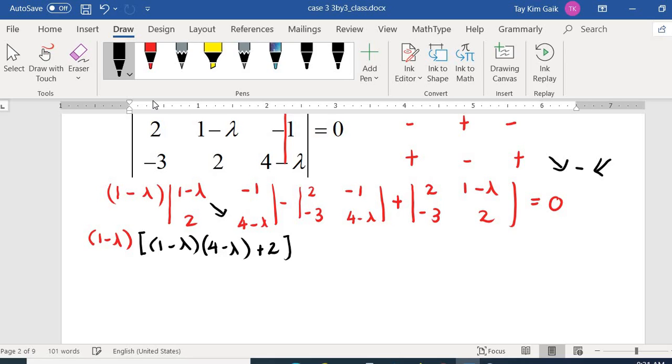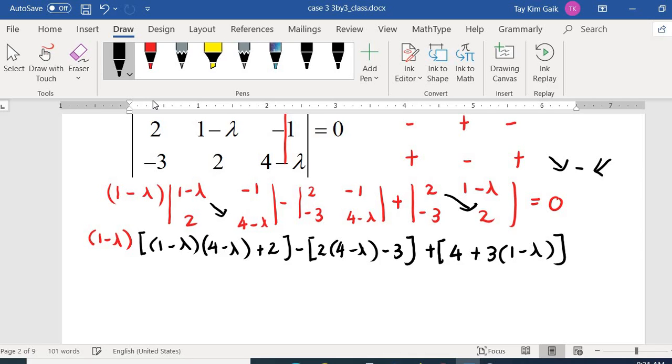Now this one got negative, so 2 multiplies 4 minus lambda, minus this positive 3, so minus 3. And then this is plus, so you got 2 times 2, 4, minus this negative, so we plus 3 times 1 minus lambda, then equal to 0.